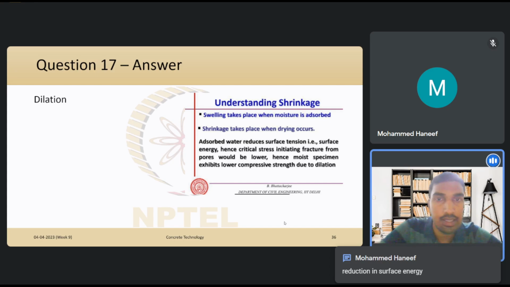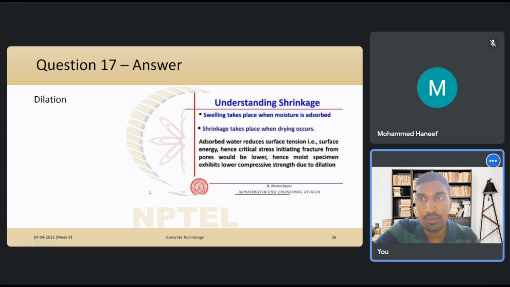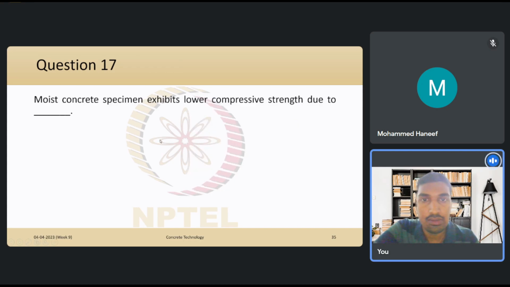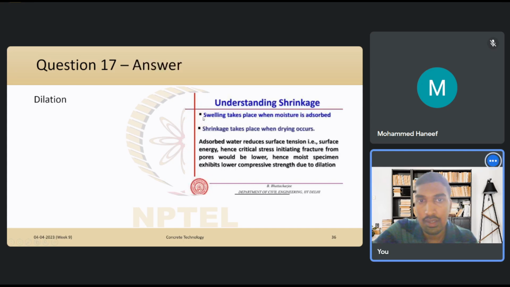Okay, it's actually dilation. So what is dilation? It's basically like the opposite of shrinkage, right? It is the increase in the volume, right? So shrinkage, we said, is because of the loss of water. So when drying occurs, we see shrinkage. But the opposite of that is when moisture is being absorbed, concrete will actually swell, and this is dilation.